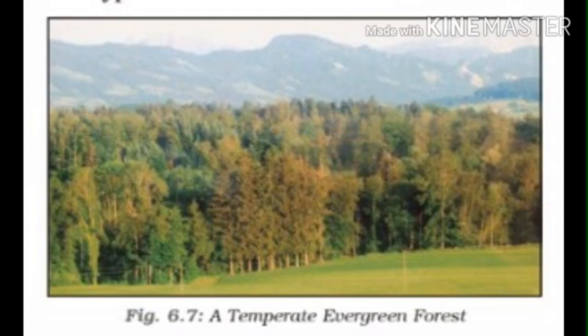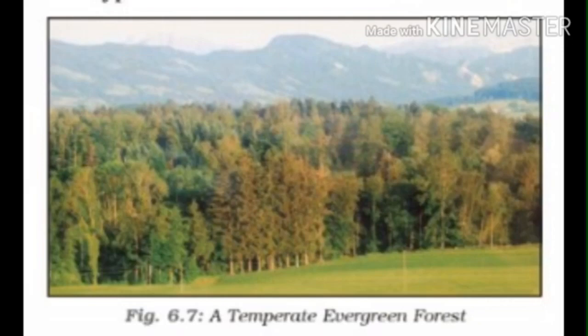Clear, children? Then wildlife. What are the animals? Sheep, cattle, pig. These are the main animals of this temperate evergreen forest. These animals are reared to get wool, then meat and skin. Clear? Okay, students, where are the temperate evergreen forests located?